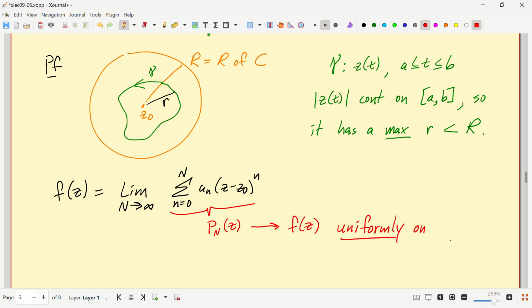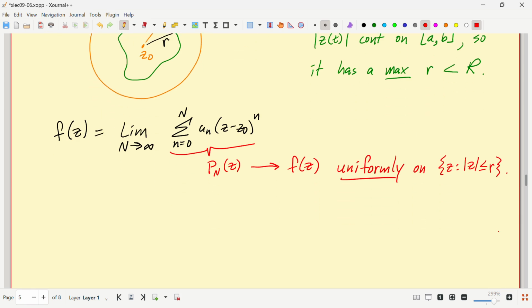on the set of z such that mod z is less than or equal to little r. I need to shrink the radius to get uniform convergence. Okay, and that means, note, we know that the integrals of polynomials around a closed contour are 0 because they're the derivatives of something.